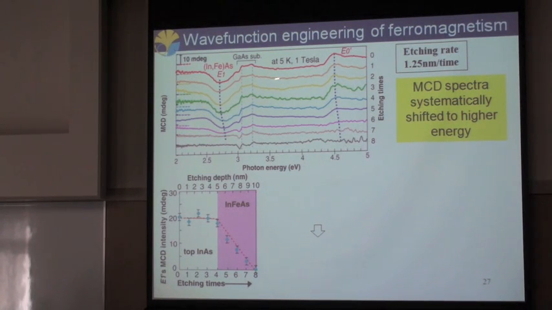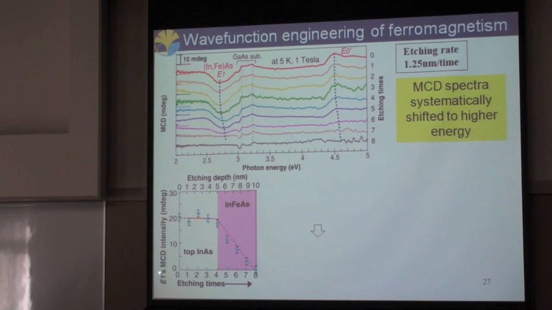So with etching the top indium arsenide layer, the E1 and E0 peaks show a blue shift, and the intensity is decreased at the same time. And this is the gallium arsenide substrate signal, which shows the fixed peak.